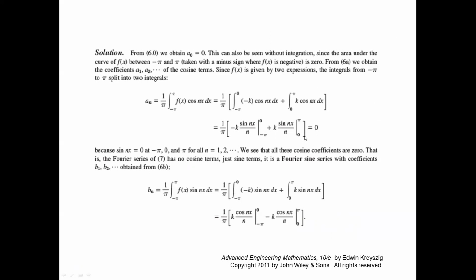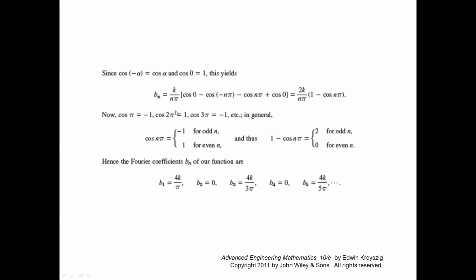And eventually we got 0. And to get Bn, we use this formula. We break the integral range into two parts, like we did for An, and we get this expression after we substitute the lower and upper integration limits.